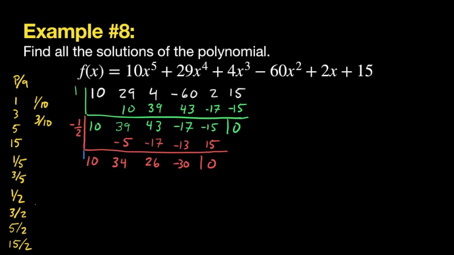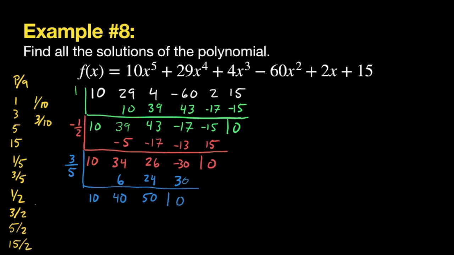And our last zero using synthetic, again, we're going to have to use another fraction, and that's going to be 3 over 5. 10 times 3 over 5 is going to be 6, and this gives us 40. This is going to be 24, and that's going to give us 50. And this is going to give us 30, so our remainder is going to be 0.